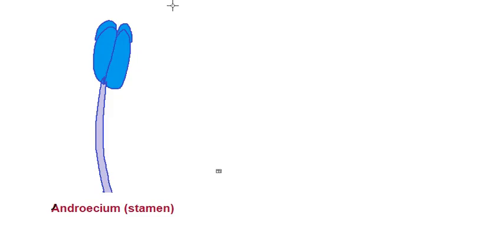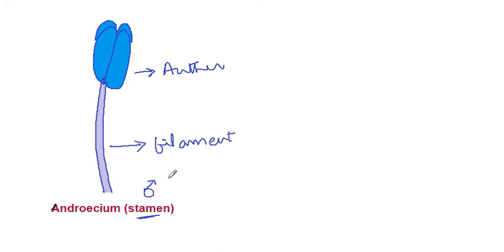Now if we look into the male reproductive part, the individual unit, we call as stamen, and just like we have told a bit earlier, this stalk on which the anther is borne, we call as filament.